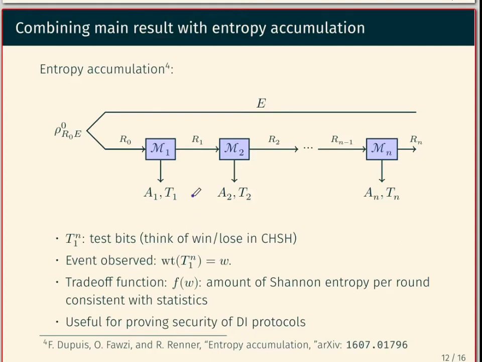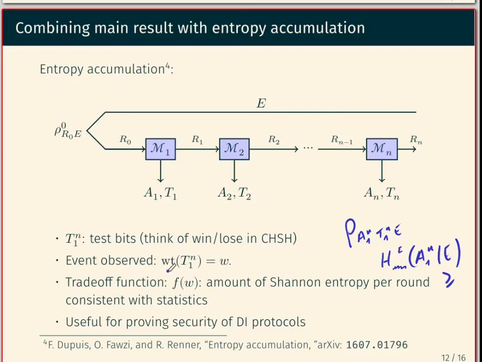So at the end, you would have a state rho A1 to n, T1 to n, E, and would like to bound, so the original would be bounding this here, A1 to n given E, so getting a lower bound of this. Usually in the DIQKD protocols, the lower bound that you expect would depend on what you observe on the T system, so concretely on the number of CHSH games that you've won.